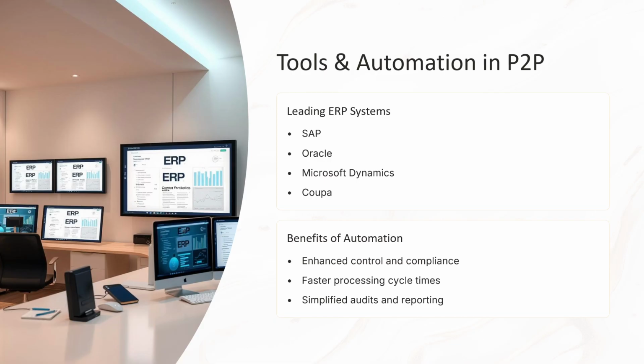If you need to make a PO in a manual Excel process, you make the replica of the PO again and again using the template. But in this case, you just put in the values and your PO is made. Simplify audit and reporting. In case of an audit, all the data is available in the ERP. You just need to run a report and you get the entire data in your system.